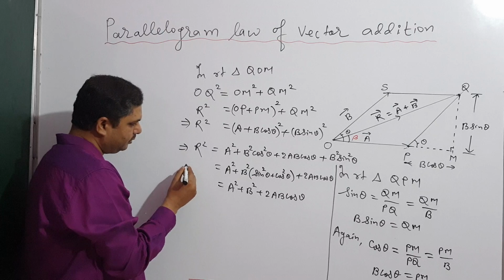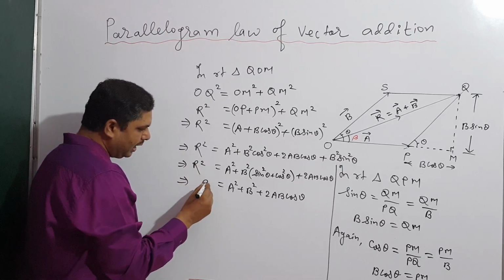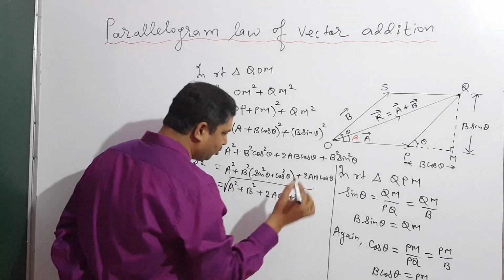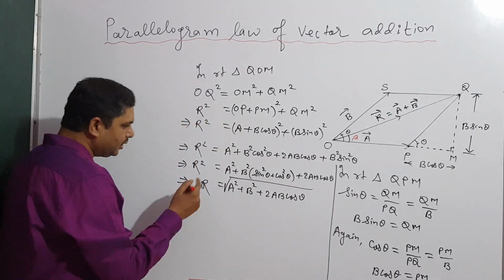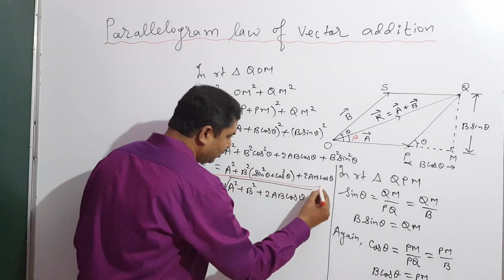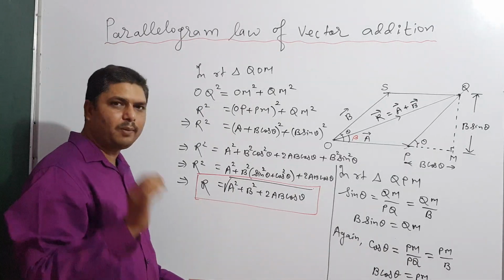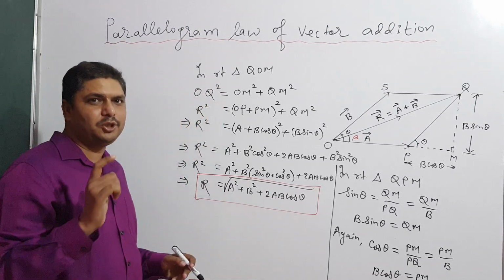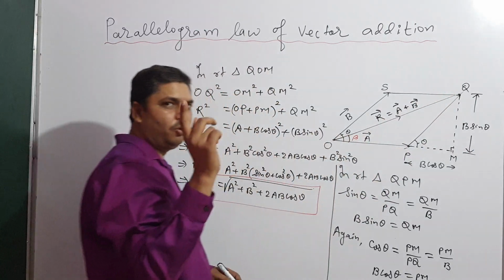Now here we write R, and this square will go to that side as a square root. So you get the value R equals the square root of A square plus B square plus 2AB cos theta. This is said to be the magnitude. Magnitude means the length of OQ. You are finding the length of OQ.